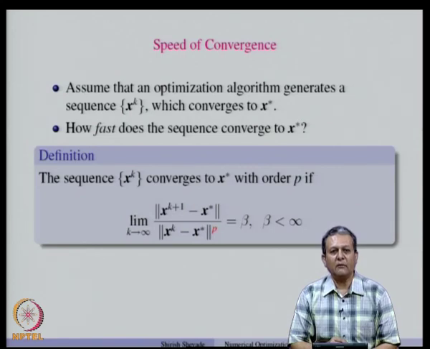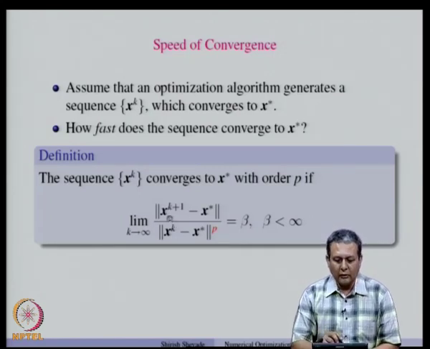So, if we have a sequence x k which converges to x star and this relationship holds, then we can find out the order of convergence and the convergence rate. Now, you will see that norm of x k plus 1 minus x star is the distance between x k plus 1 and x star.